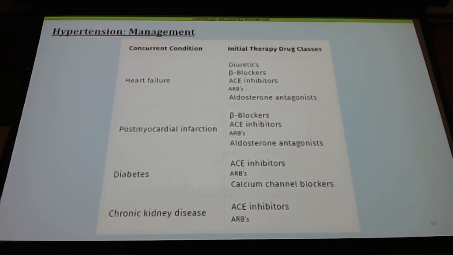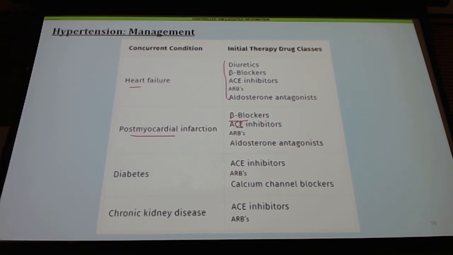There are some other medical conditions where you may have to change their medication regimen up a little bit to help with that condition as well. Like heart failure, yes, you can give them really anything that we talked about as far as first-line agents. If we're doing post-myocardial infarction, so they had a heart attack, then we're thinking beta blockers, ACE inhibitors.